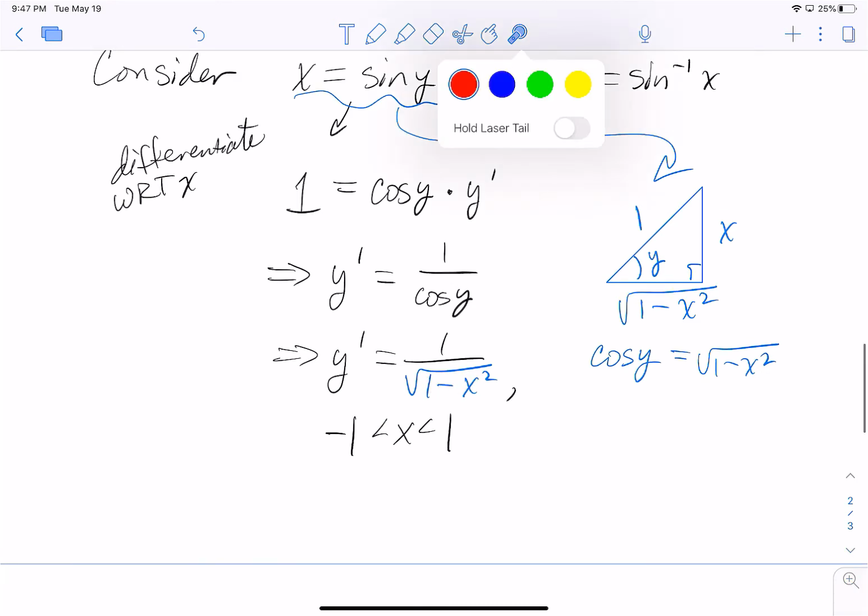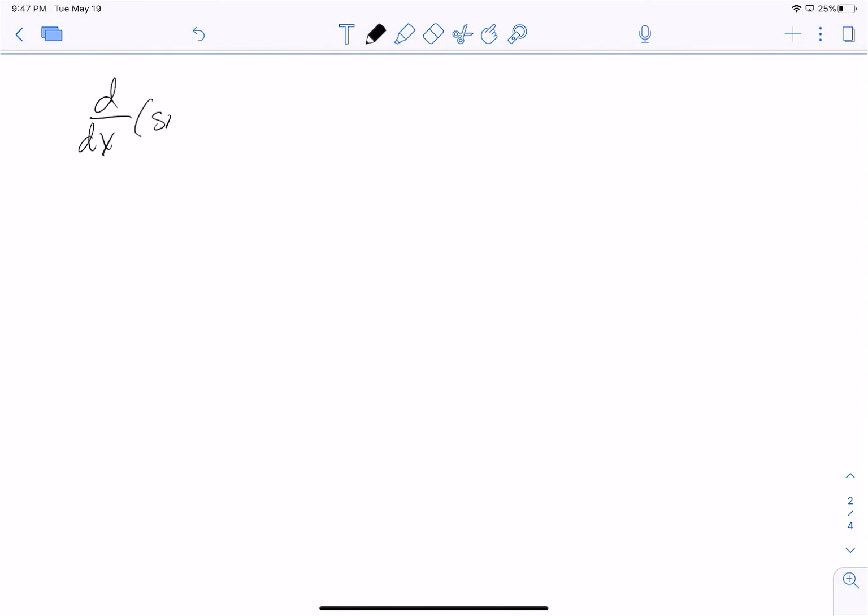Now, what we've just developed is a differentiation rule for the inverse sine function. Since y is the inverse sine of x, we now have y prime, and we can write down that the derivative with respect to x of the inverse sine of x is equal to 1 over the square root of 1 minus x squared.